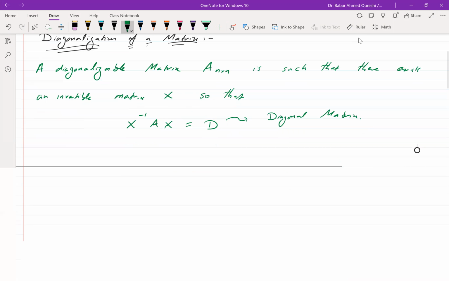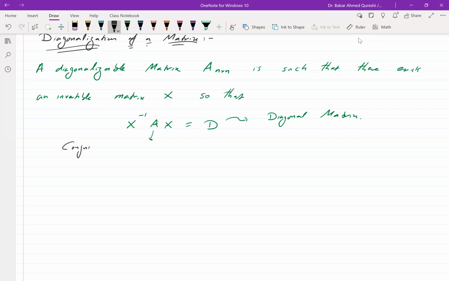So that means you are given this matrix, it would be diagonalizable. You will say that it's diagonalizable if there exists some other matrix X, which is invertible, so that you conjugate. This is called conjugation.